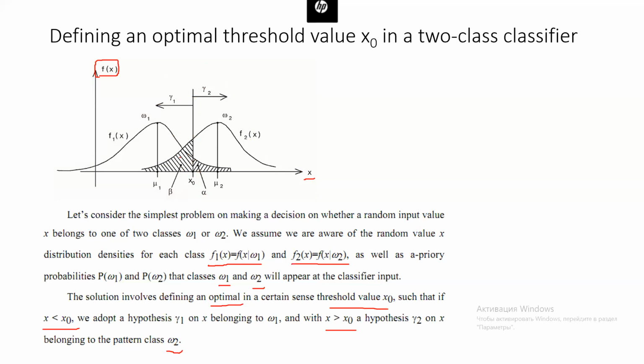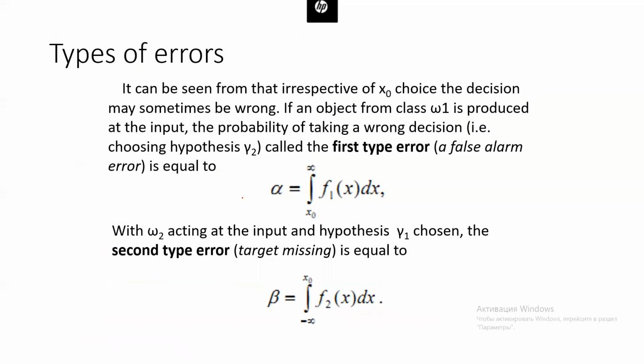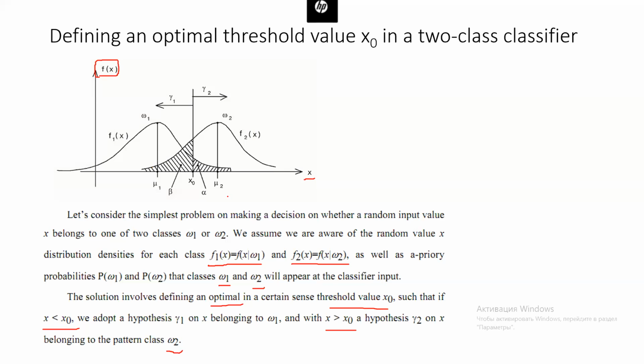You see that you have some problems: our distributions intersect in this middle zone. So you will have some errors of classification. You see we have 2 areas, area alpha and beta.